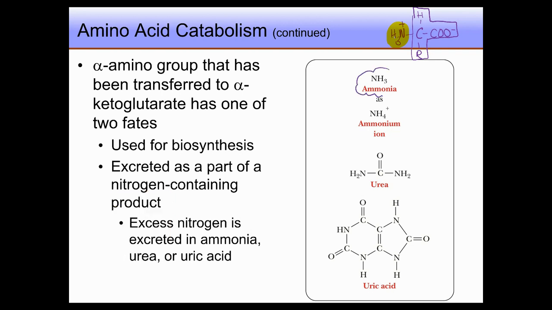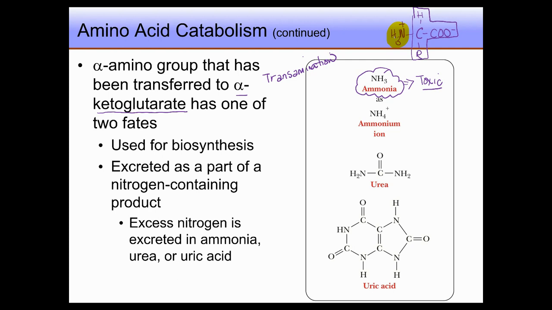So ammonia is toxic. It cannot travel through the bloodstream on its own. So the ammonia will get transferred to other molecules. Alpha-ketoglutarate is one of the main ones, and that process is called transamination. It's the transfer of ammonia onto other molecules.